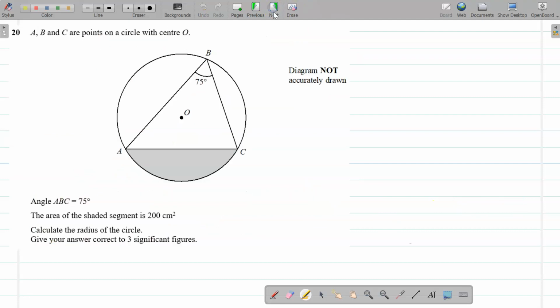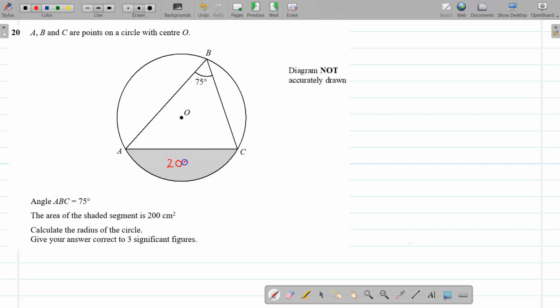Okay, the last question. Now, this looks really difficult because you've got this sort of random triangle, this point O right in the middle of the circle, with no apparent connection to the triangle, and you've got to work out the radius of this circle. Okay, and you're told that this bit here has an area of 200, and that's all.